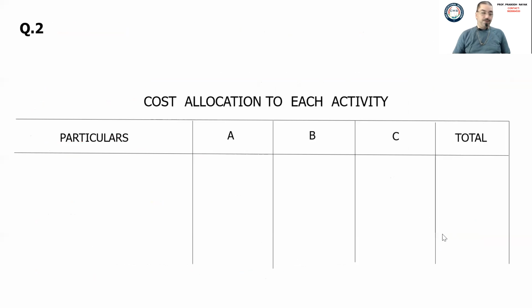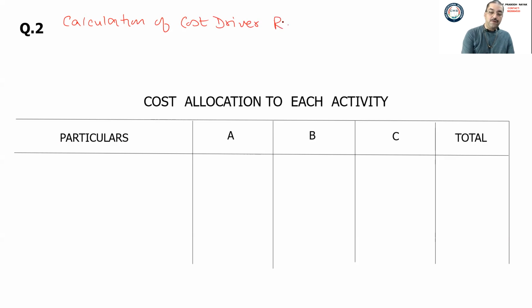First, as I told you, calculation of cost driver rate is important. So first I'll write calculation of cost driver rate. This is the first thing to do. 2 activities are there. One is power. 3 lakhs is the cost, 60,000 is the total capacity.